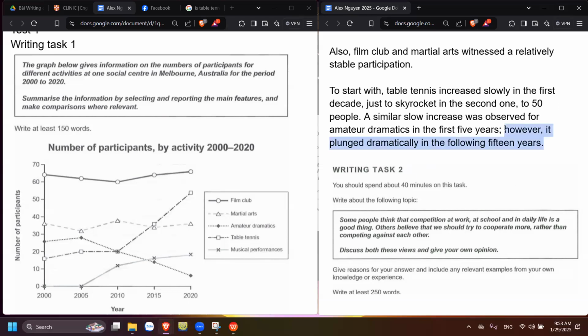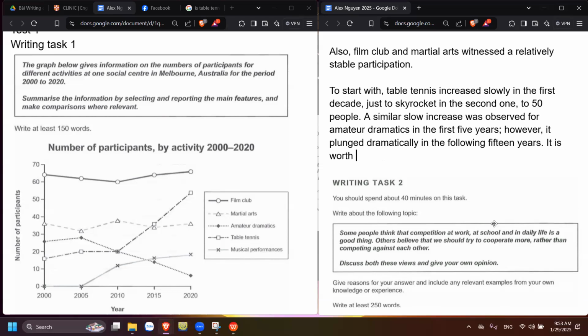I think it's important to mention the fact that however it plunged dramatically in order to contrast with this one, right? To contrast with the part with skyrocket here. Contrasting is actually important too. I think it's worth mentioning the crossover point there.